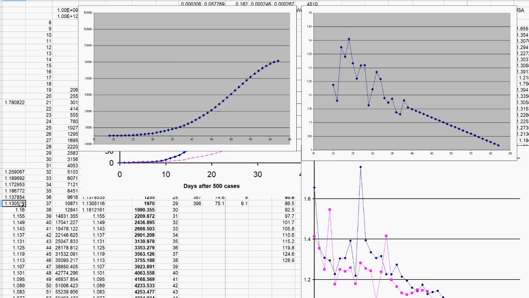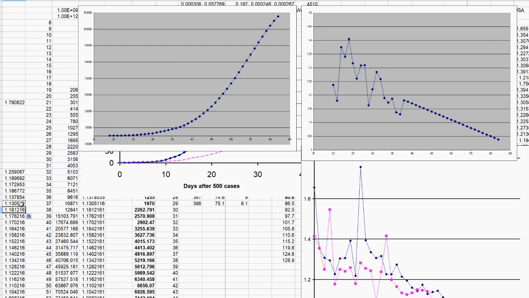The actual number for today is not 1.16 for the rate of people dying. It's 1.18. And if I use that as the actual number and extrapolate from there, the projected number of dead goes up from 100,000 to 150,000.